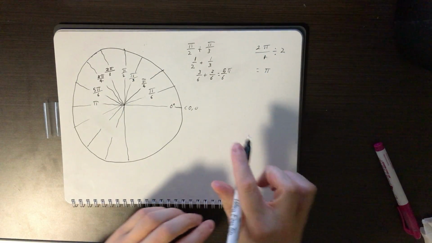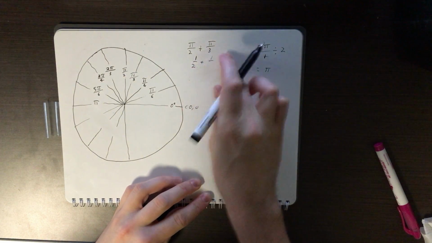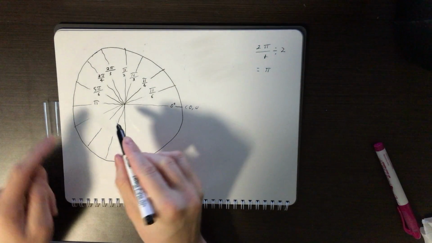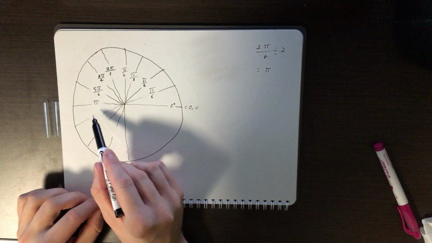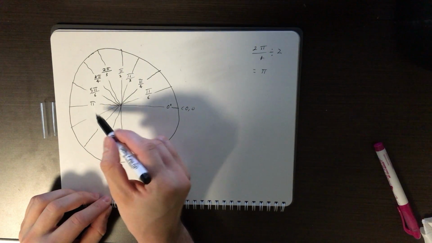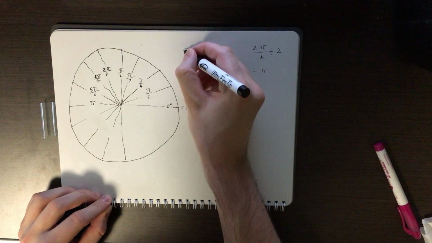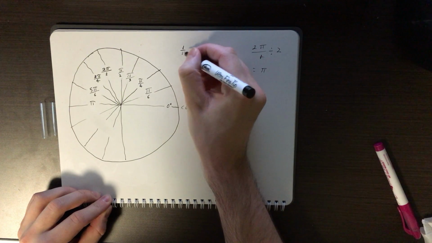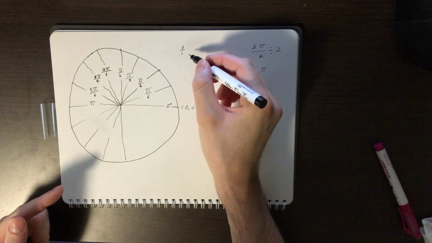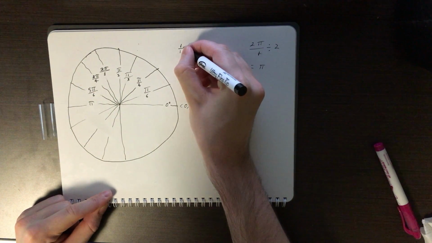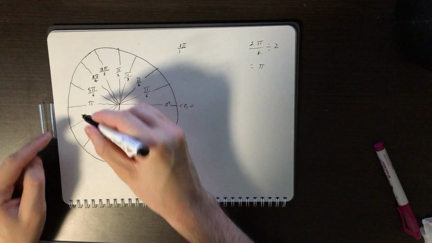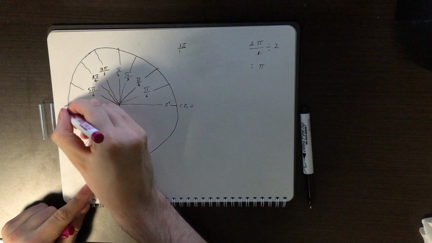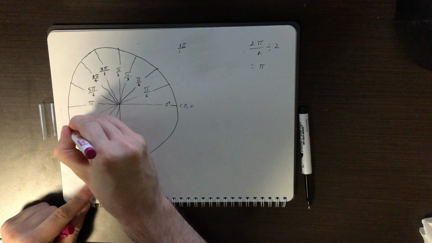So now we want to say pi. Now we're going to use this as our new midpoint for adding to find these values. So now we're going to say pi, which we'll just call 1/1 pi, because it's just 1 pi. And I'll put a pi there. Then we're going to add this value right here.